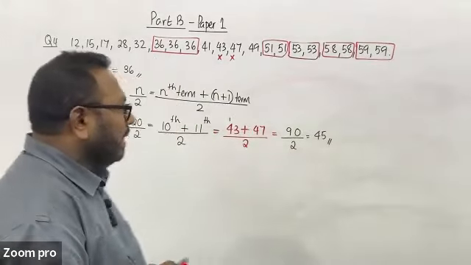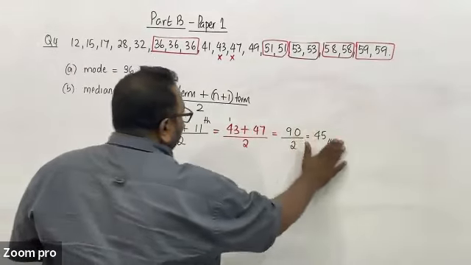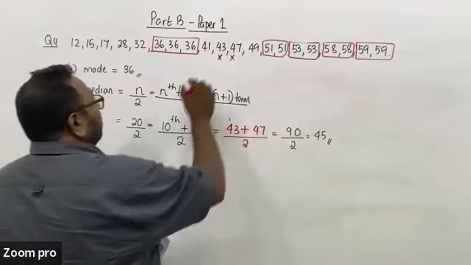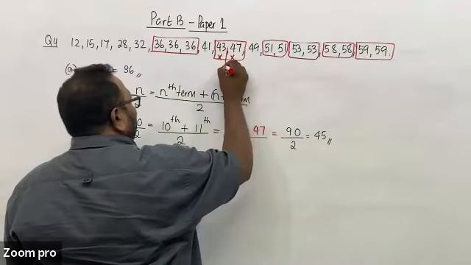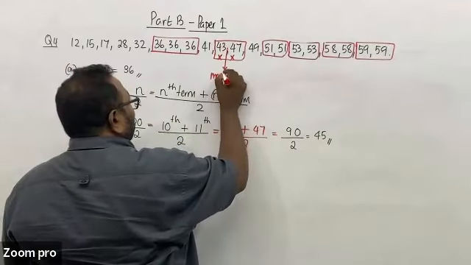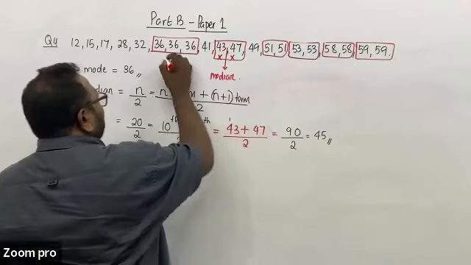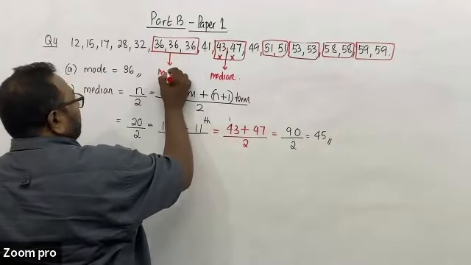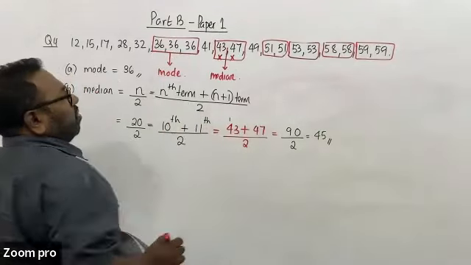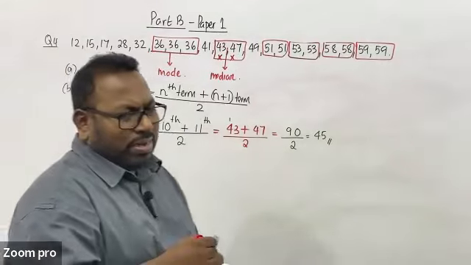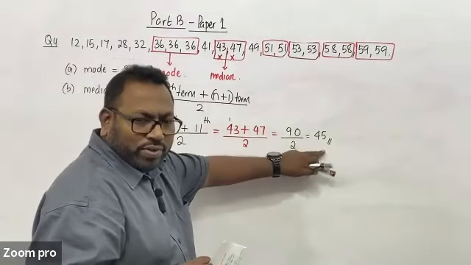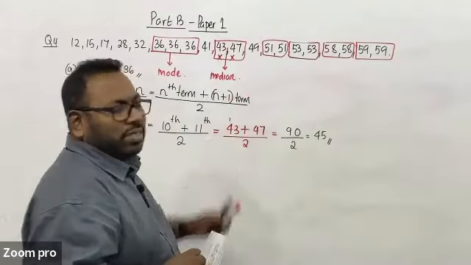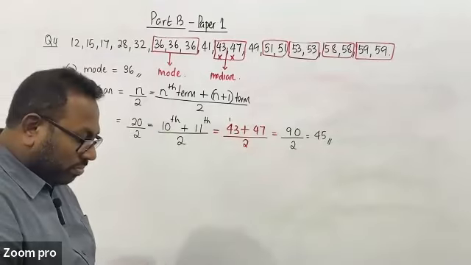Okay, so what is your median? 45 is your median. So that means you take the centermost number and this becomes your median. This is your mode. The number in between 43 and 47, which is 45, is your median, the centermost number.